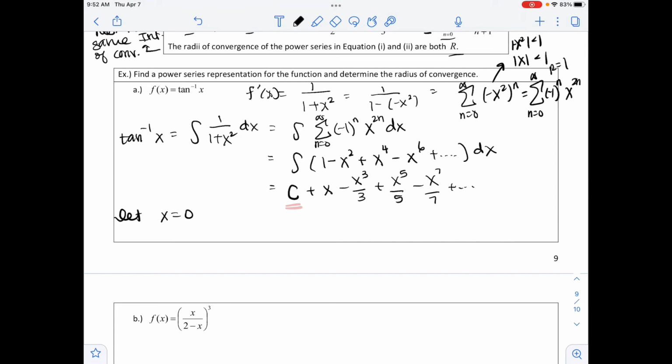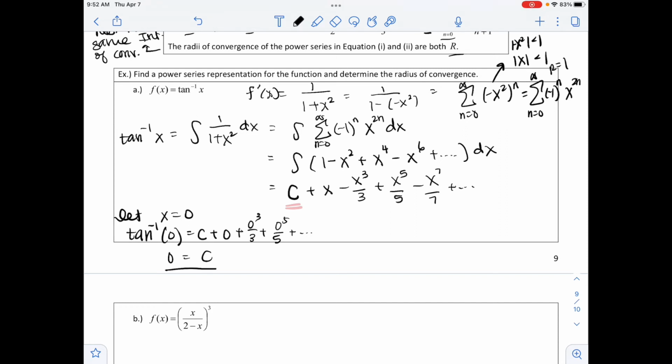And if x equals 0, we have tangent inverse of 0 is equal to c plus, and then the first term would be 0 plus 0 cubed over 3 plus 0 to the 5th over 5, and continuing this process on. And so this would just be 0 is equal to c plus 0, or just c is equal to 0.